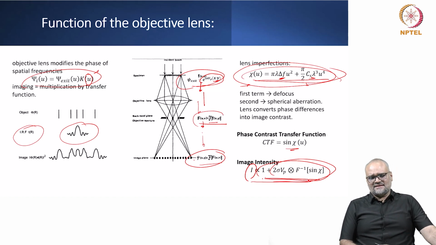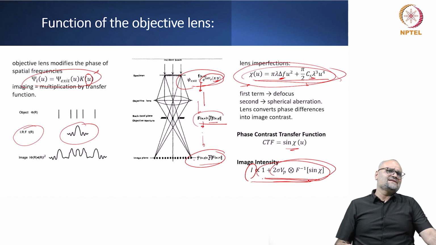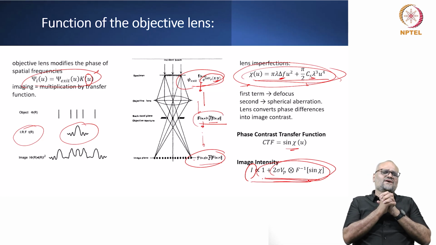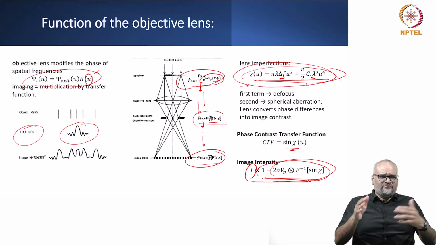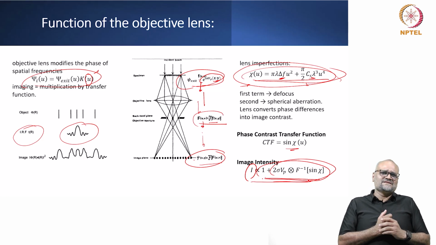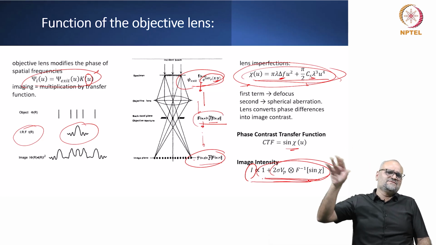So before we move further and understand how this changes, this is perhaps a good point to stop and summarize that the information you record in HREM micrographs is a consequence of the interaction of multiply forward scattered electron waves from a crystalline specimen, and you get a fringe pattern.